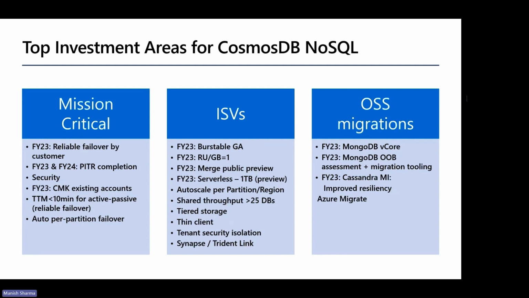OSS migration is also super critical for us, and we have developed an assessment tool for Mongo. Before you get into the discussions of migration, you execute the migration assessment tool, and you will get a crystal clear report on what challenges you will get, or whether you will not get any challenges, so that you can have a discussion in a real-time manner.